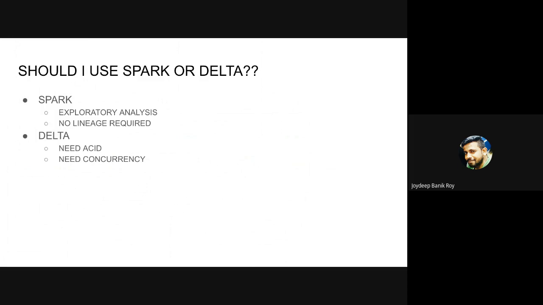If you need a table-like structure where you need to go back in time, where you need to maintain, even if you don't need that, use Delta, you'll find a use for it. Okay, because maintaining just a small metadata doesn't hurt, but you never know how your data will evolve. Only when you're absolutely sure this is a one-time work, that I process my data, it's one-time work, then use Spark. Otherwise, use Delta. It costs nothing, but gives back a lot. All you have to do is write it in a Delta format.